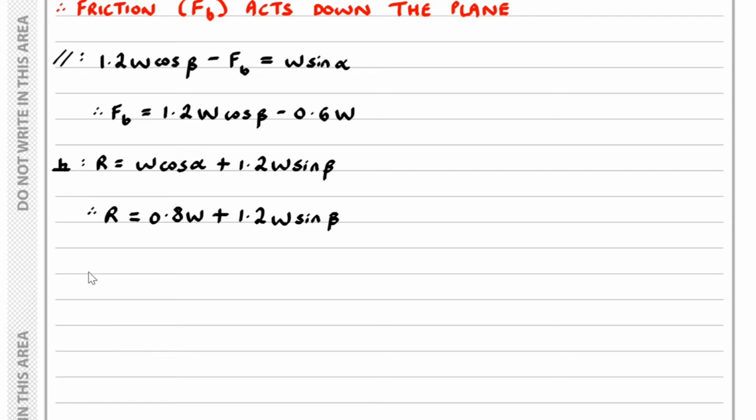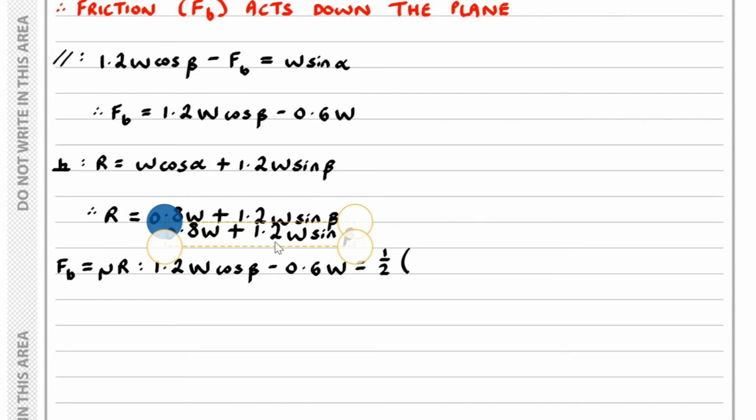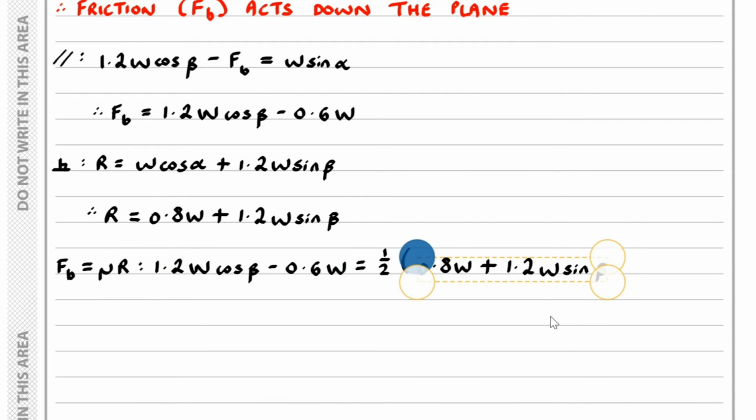Now we are in limiting equilibrium, so we've got FB equals mu R. So we've got FB, which is this quantity here, and that's equal to 1/2, the coefficient of friction, multiplied by R, which is this result here.